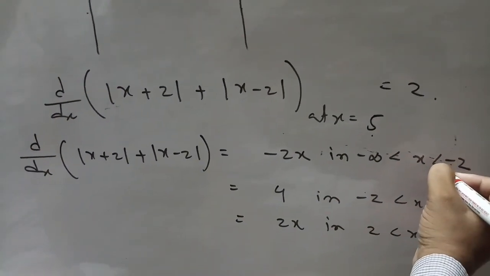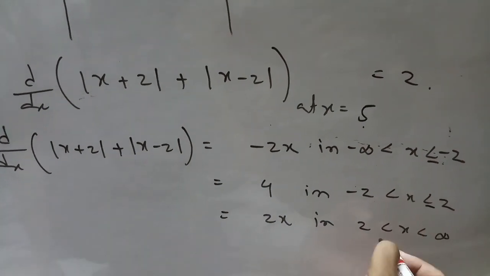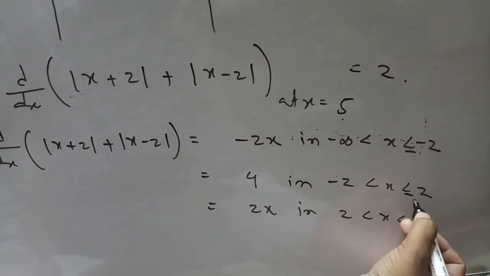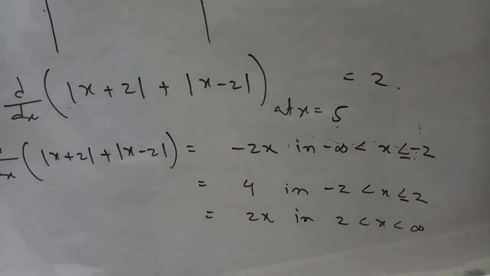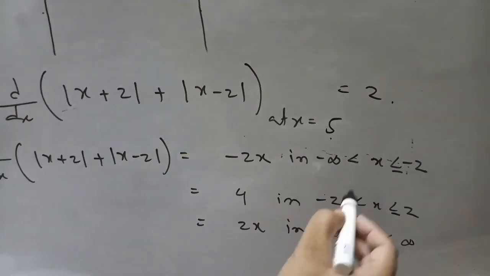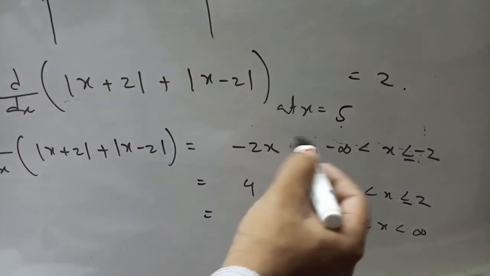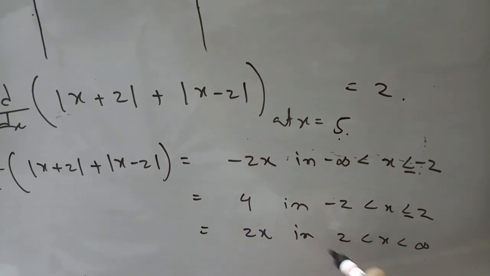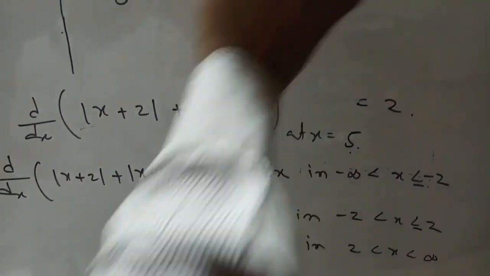Here the intervals are minus 2 to 2 and 2 to infinity, with the endpoints handled separately. So this is the value of the modulus function in general. At the particular point x equal to 5, which lies in this interval, the derivative will be 2.